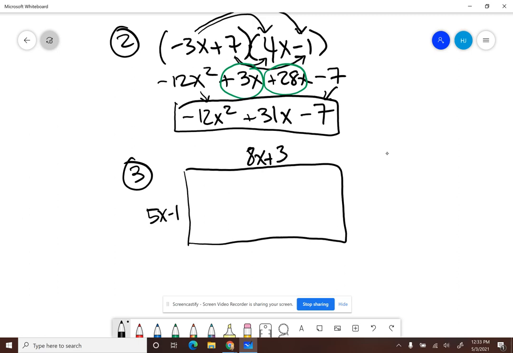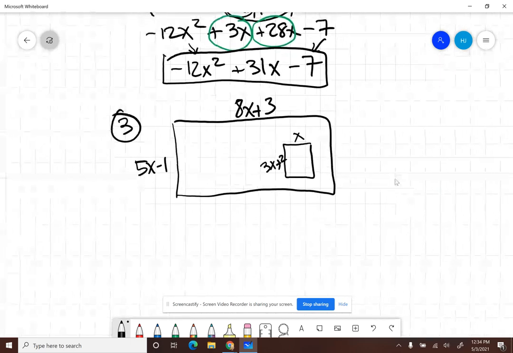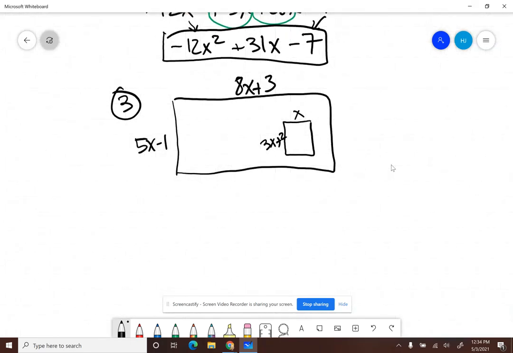Inside of this rectangle, I have another little rectangle right here, which has dimensions of x and 3x plus 2. And your question is to find the area of the shaded portion. Everything except this little part right here.